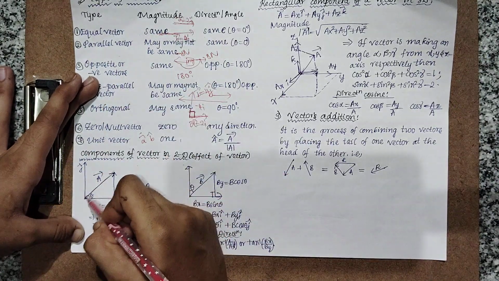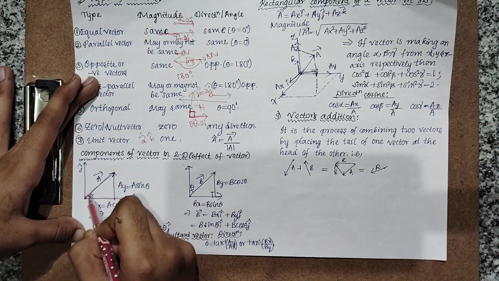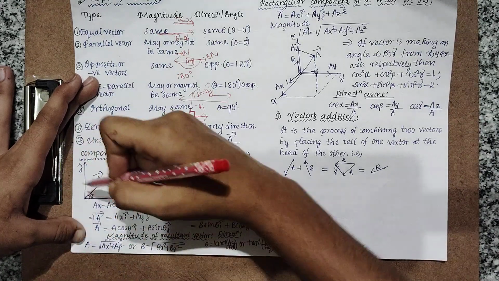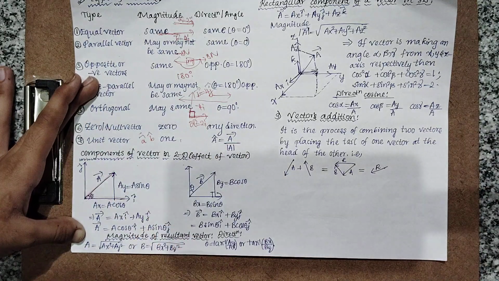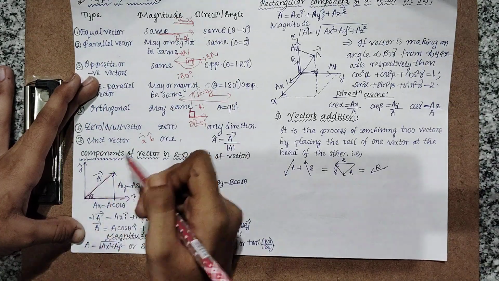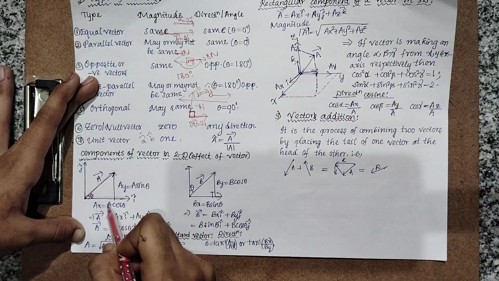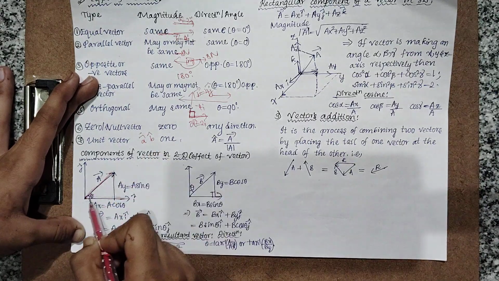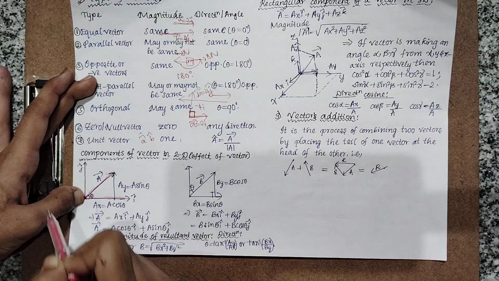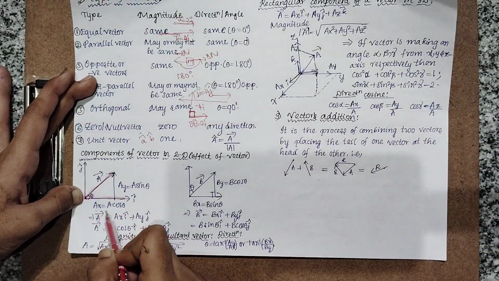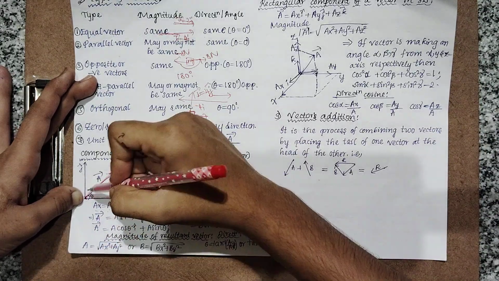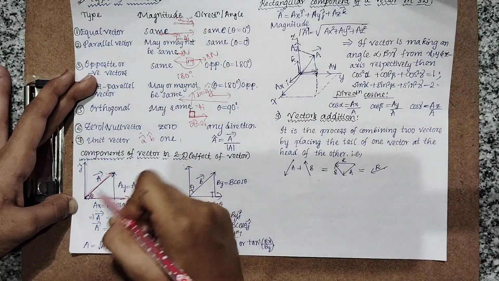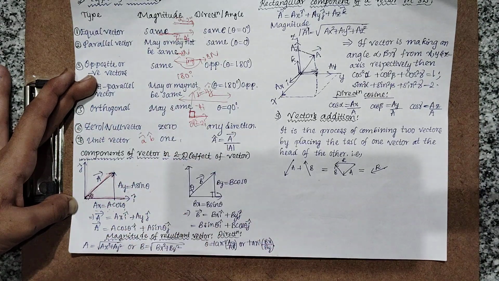Now this vector a bar is at an angle theta with your i cap, that is with the x axis, and this is your y axis. If we resolve this component, we get ax, the component of a bar along x, equal to a cos theta, and ay equal to a sin theta, by following the simple Pythagoras theorem.